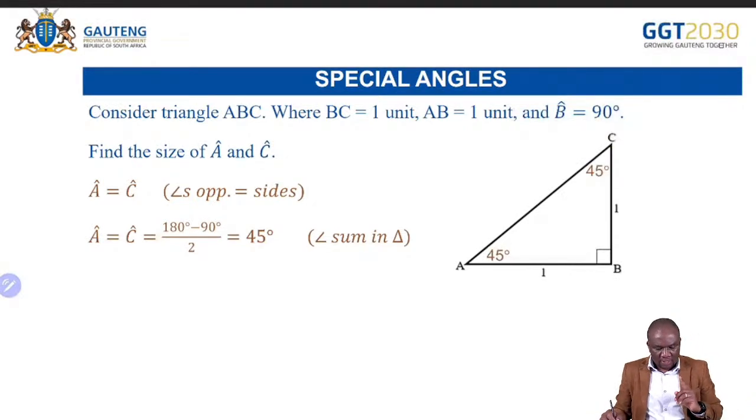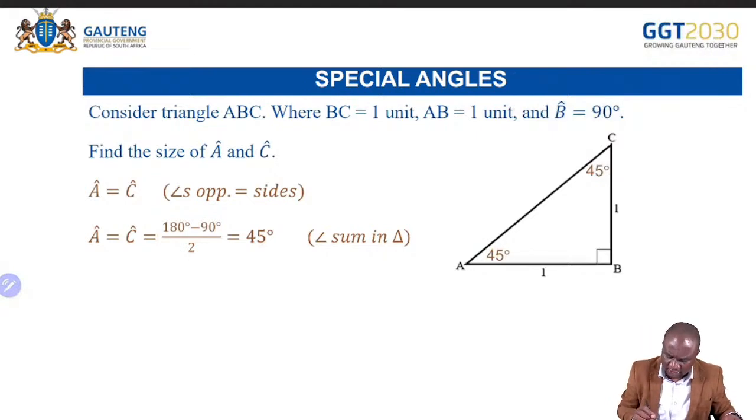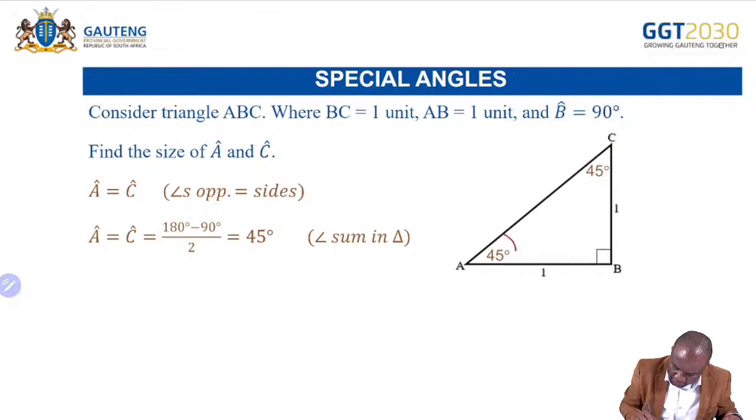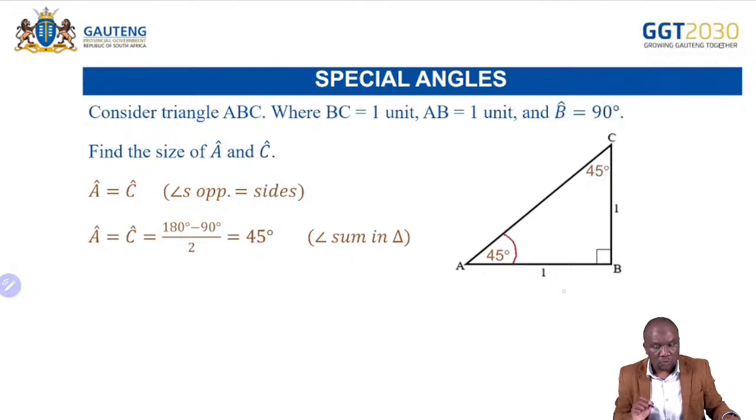Grade 10s, I want us to continue from here. Remember our objective. What do we want to do? We want to derive the trigonometric ratios of this angle 45 degrees. So if we take this angle as our reference angle, we have the adjacent side, which is 1 unit.